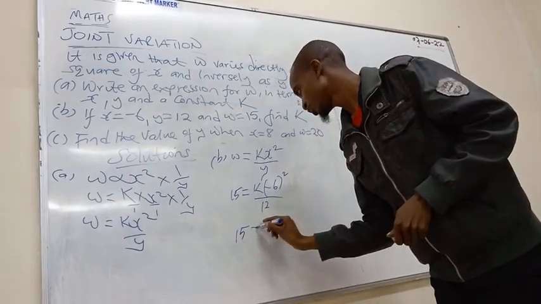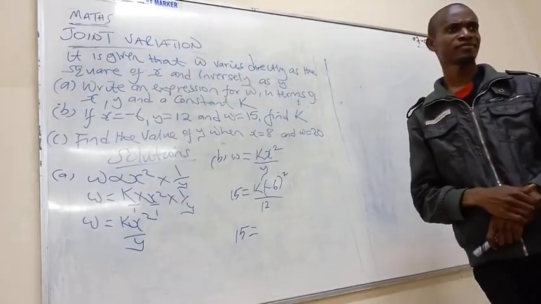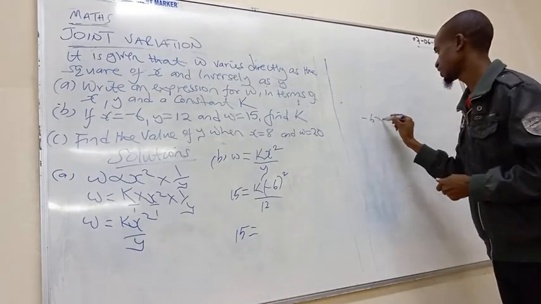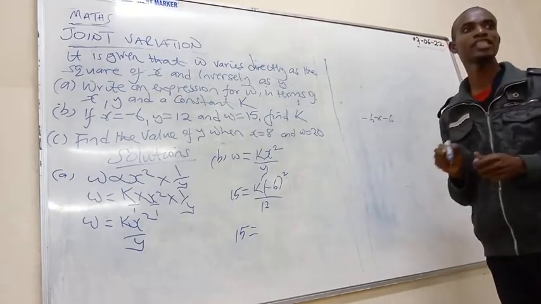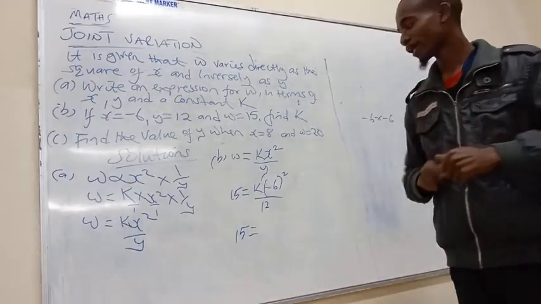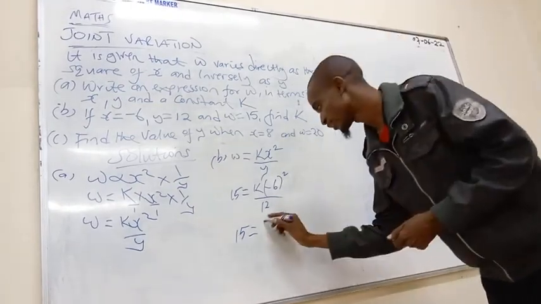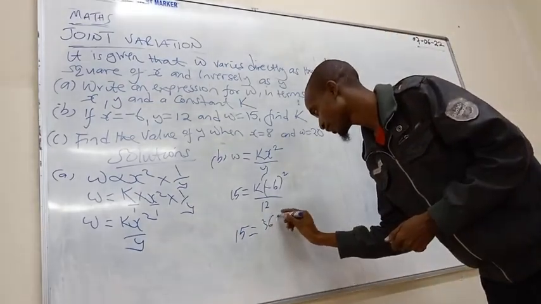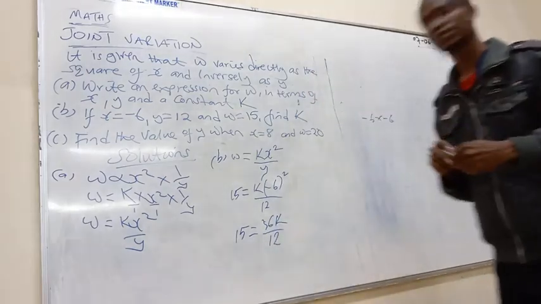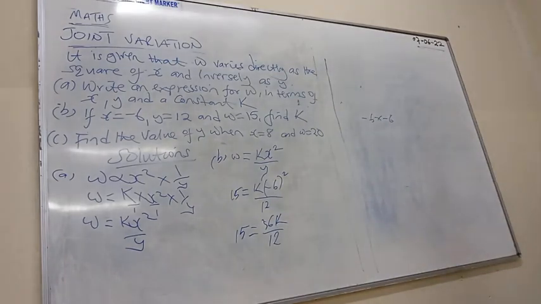So 15 is equal to, what's -6 squared? 36. It means -6 times -6, positive 36. And that 36 times k gives 36k, so it will be 36k over 12.